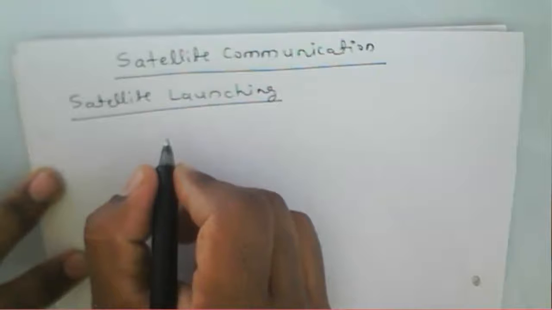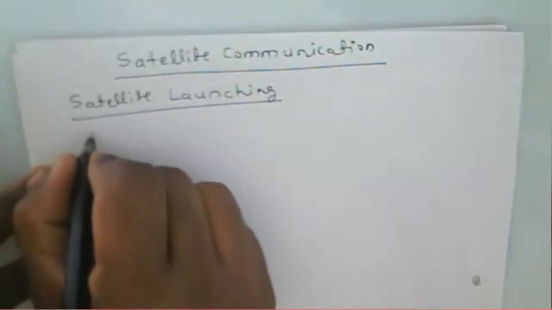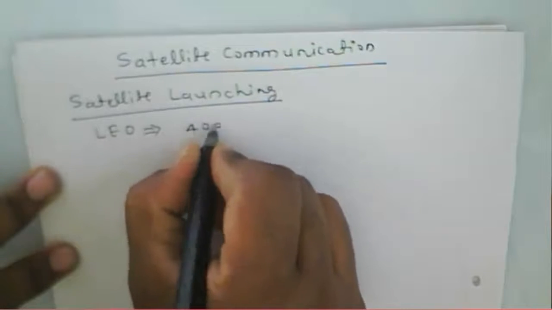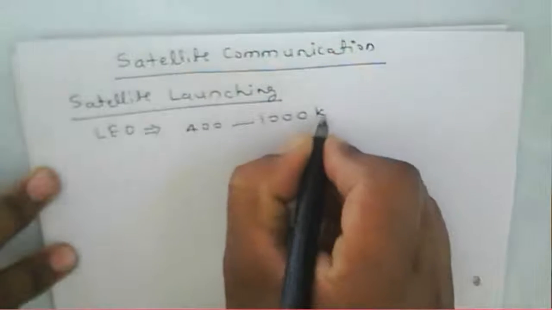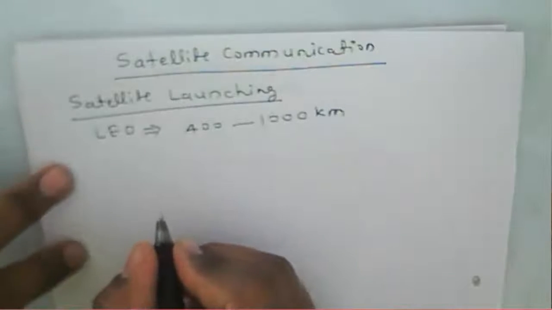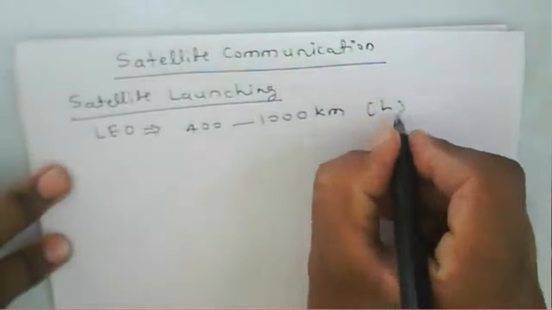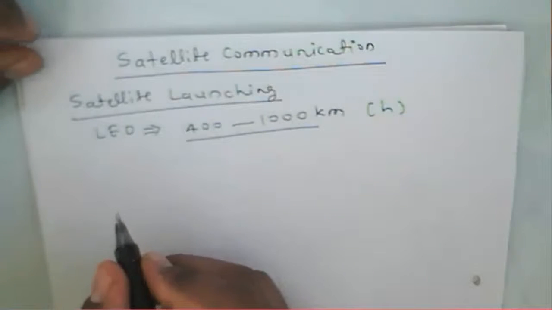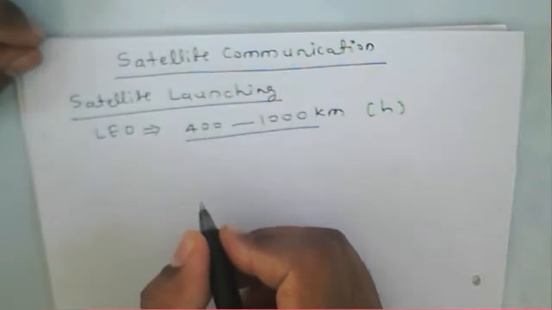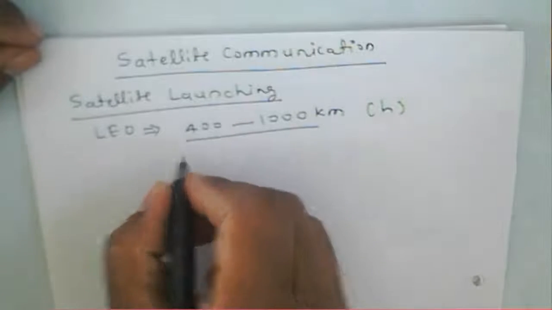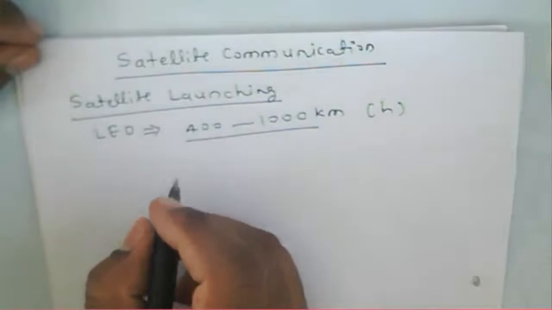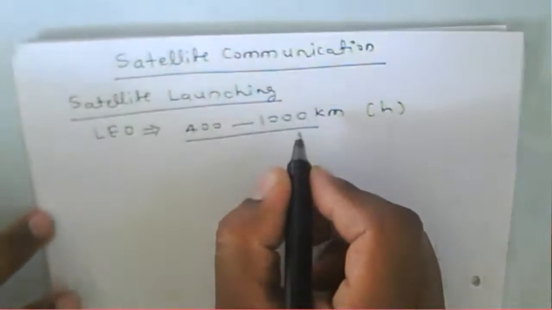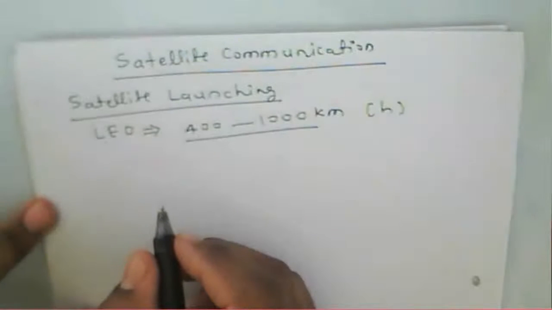In that case, the desired orbit for LEO is about 400 to a thousand kilometers in altitude. For launching a LEO satellite we require less fuel, and whichever rocket we use for launching the satellite is small in size.